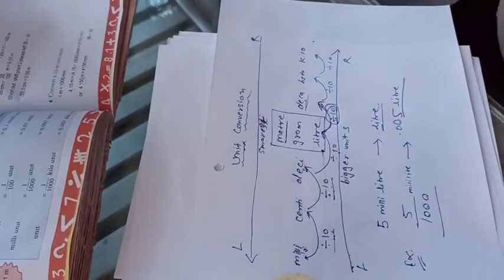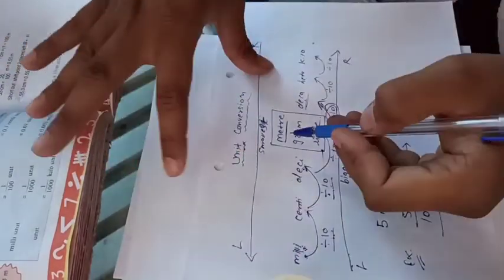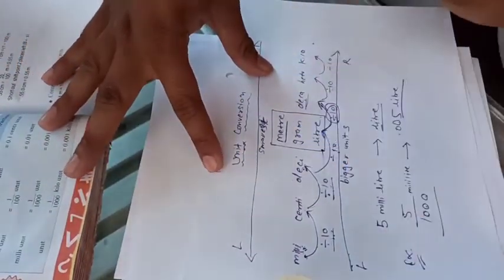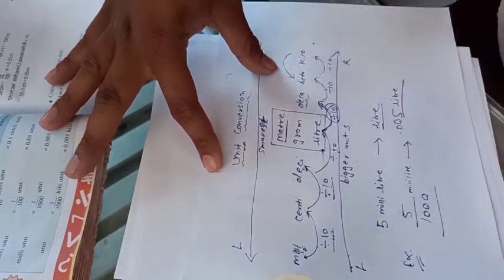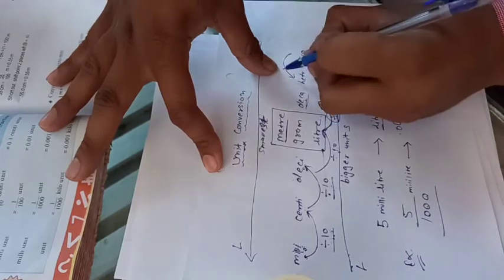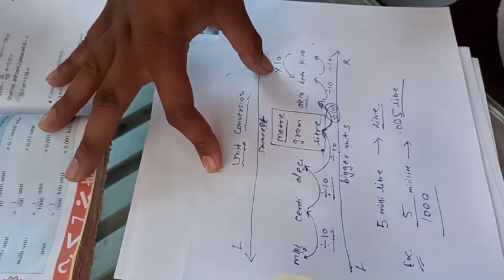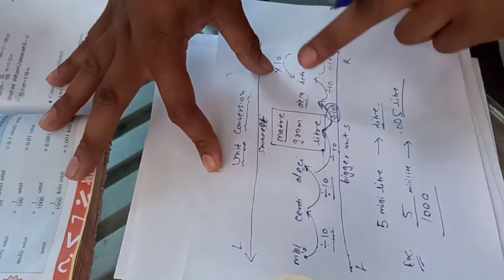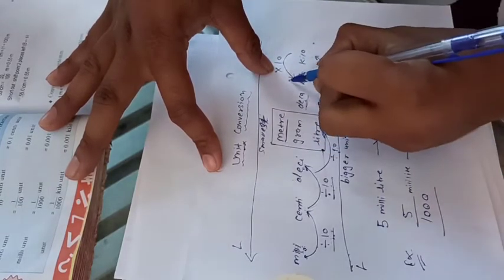Now let's learn what if we have to convert bigger units into smaller units. Suppose we have to convert kilometer into hectometer, then we will multiply by 10. Whenever we convert a bigger quantity into a smaller quantity, we multiply by 10 for each step.